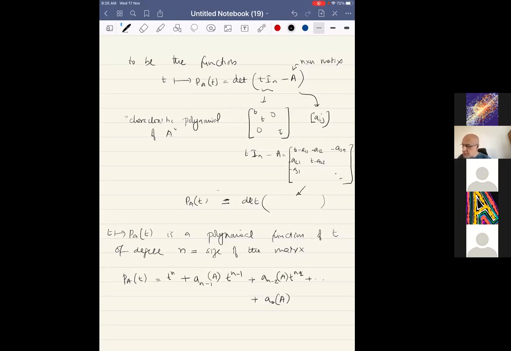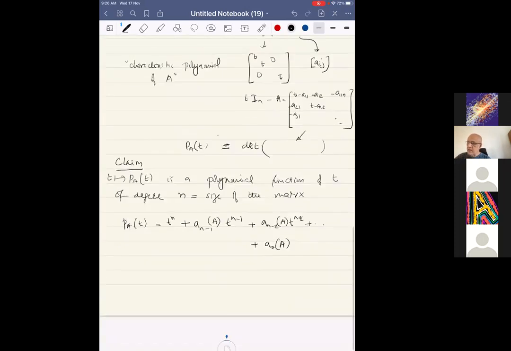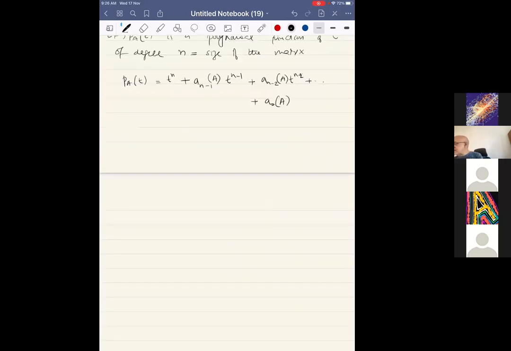Because I have not proved this claim. This is a very, very important function in linear algebra. And once we are done with this, we will have defined very, very important functions of n by n matrices. Namely, these coefficients, which depend on A, are going to be very, very important functions.